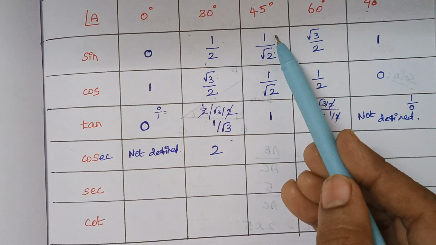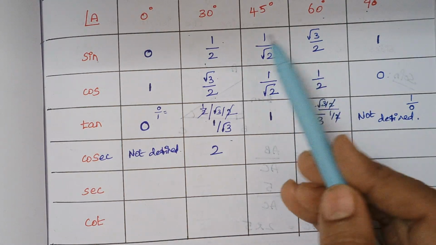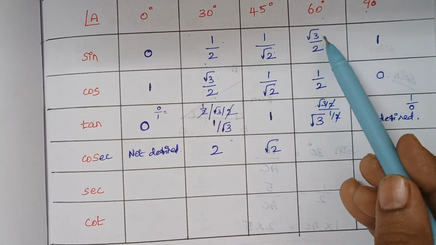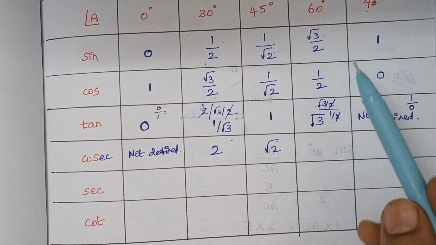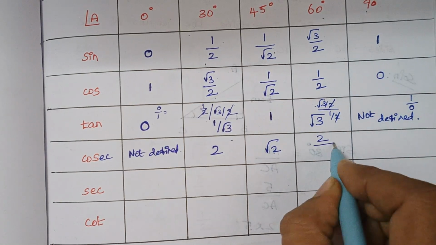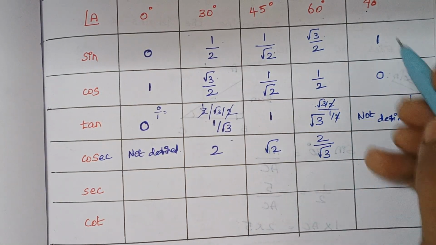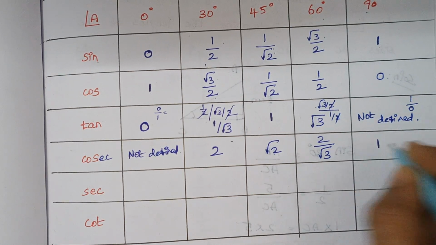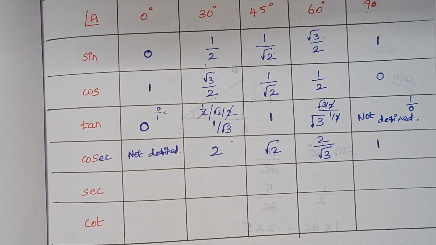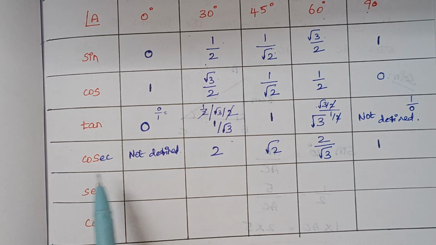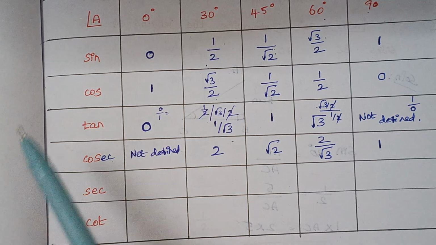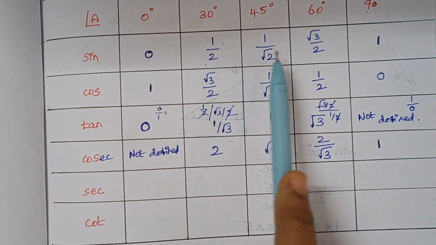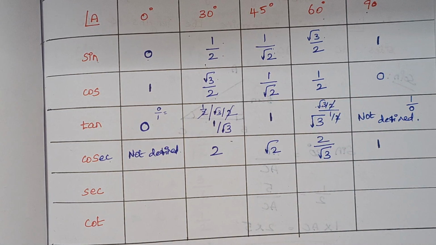And here it is 1 by root 2, so the reciprocal becomes root 2. The reciprocal of root 3 by 2 is 2 by root 3. And the reciprocal of 1 is again 1 by 1, which is equal to 1. Because cosecant theta is the reciprocal of sine theta, we have just taken the reciprocal of each and every element in this tabulation.